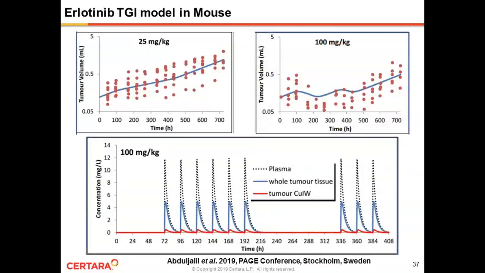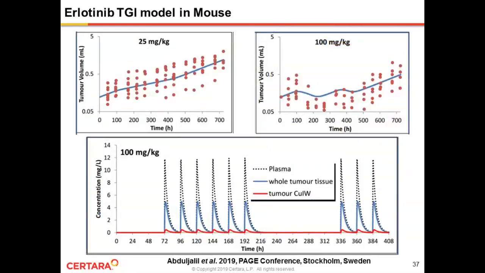This is one of the potential verifications of the tumor model in the mouse, and this was presented by Dr. Abdul Jalil recently at the PAGE meeting in Sweden. This was a verification of erlotinib and its effect on the growth of the tumor in the mouse at a dose of 25 milligrams per kilogram.